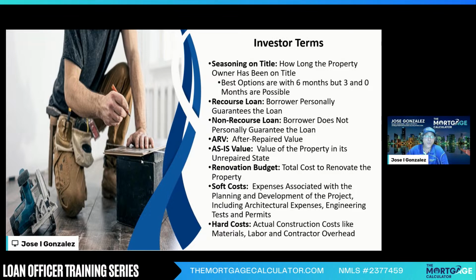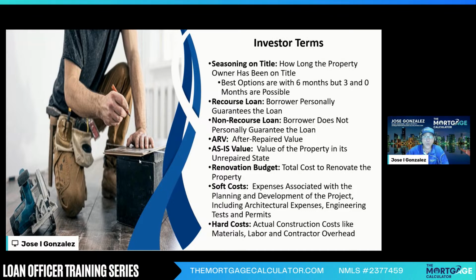Another term is recourse loan. A recourse loan is a loan where the borrower personally guarantees the loan. This doesn't mean that it's a loan that does or doesn't appear on the borrower's personal credit. It just means that the borrower guarantees the loan personally and they're responsible for any defaults on the loan personally.